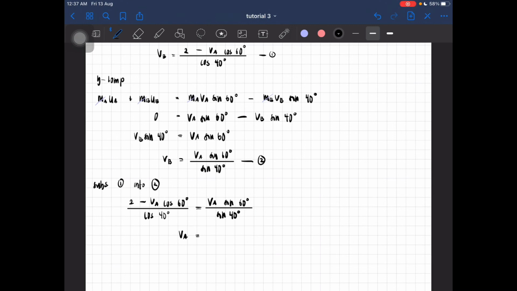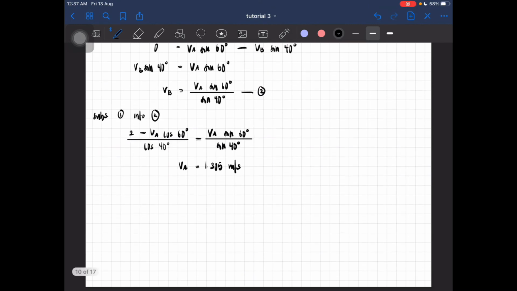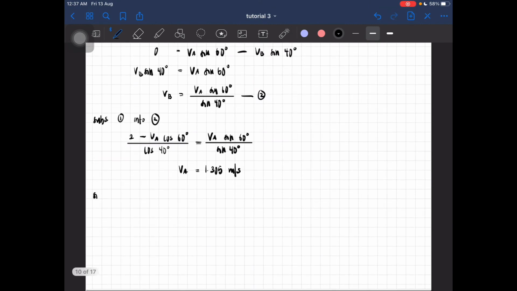After you rearrange and substitute, you should get 1.305 meters per second as the final velocity for car A. Then we can substitute VA into equation 2 to get the final velocity for car B. So VA sine 60 degrees over sine 40 degrees.